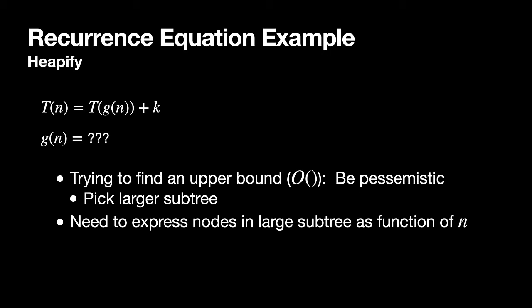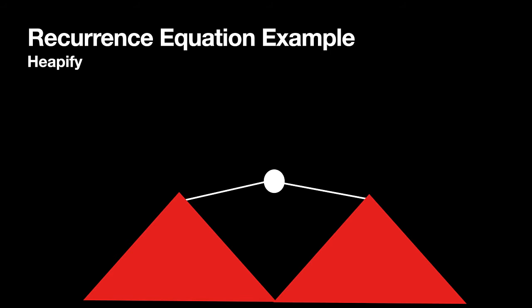Okay, let's take a look at our tree in terms of its two subtrees. So we've got our tree here. We can think of this as a complete or a full binary tree. So we've got our root node, and then it has two subtrees, a left and a right subtree.